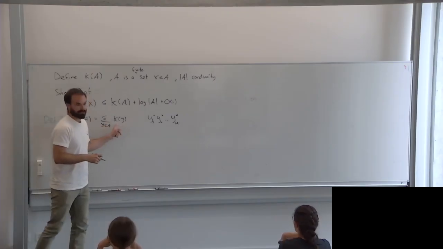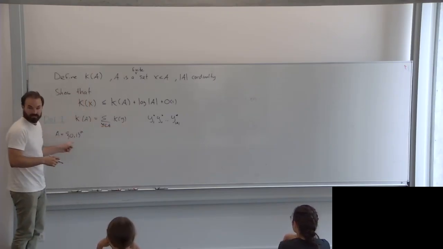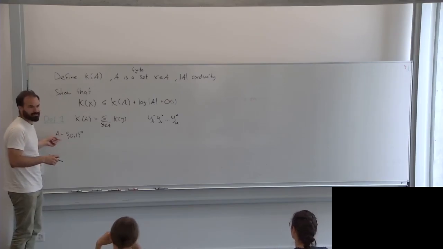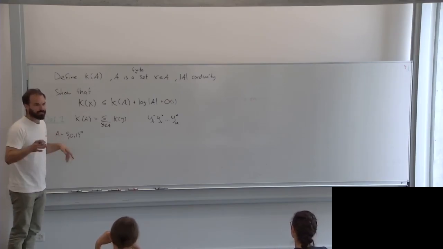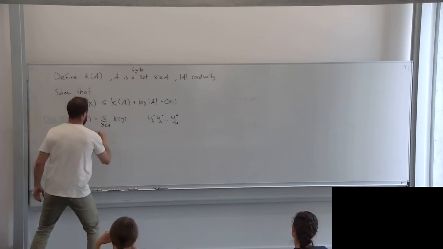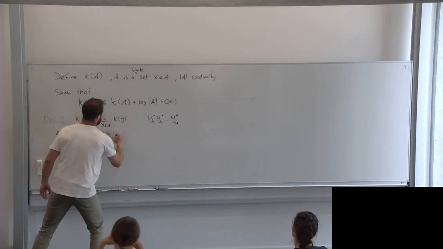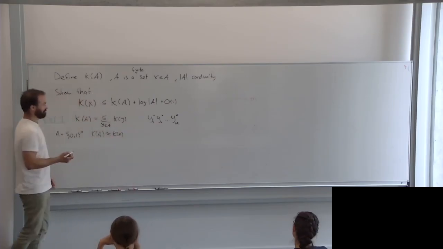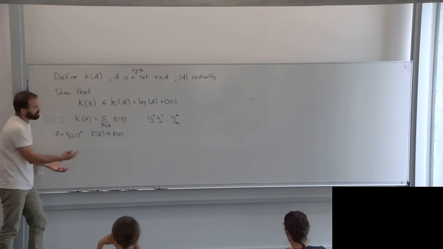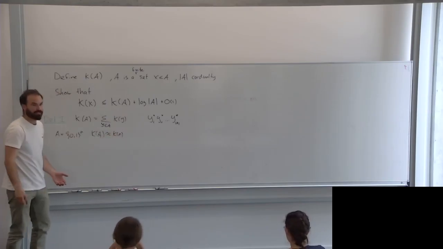This sum is going to be large, because there are many complex elements to sum. But intuitively, K of A is quite simple, it's all n-bit strings. We would like to say that K of A is roughly K of n, because all the algorithmic information it contains is basically the length of the strings.